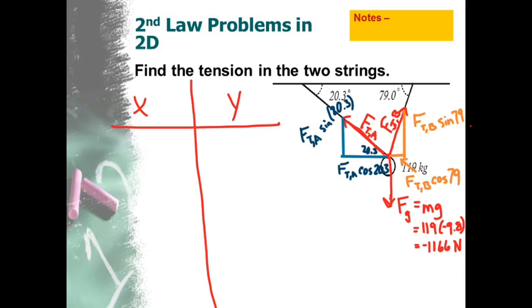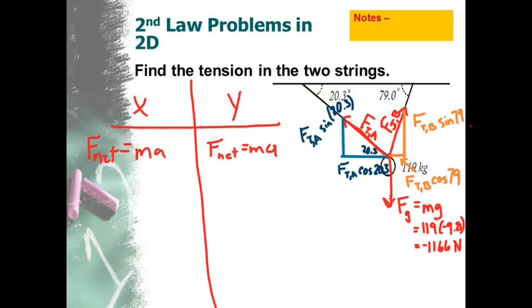X, y. All right, so let's write Newton's second law. F net equals ma. And let's go with the x direction here first. So in the x direction, I have this force right here, and I have that force right there.